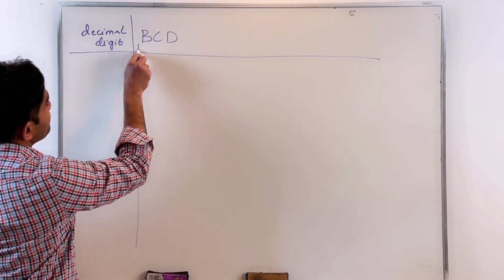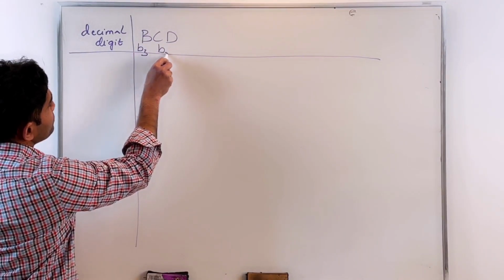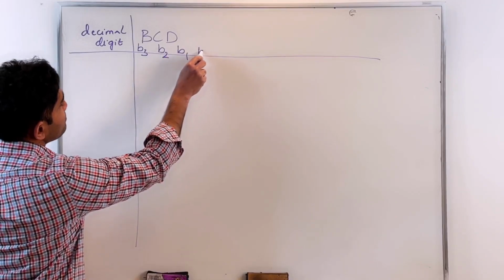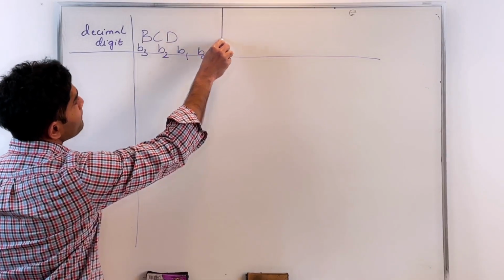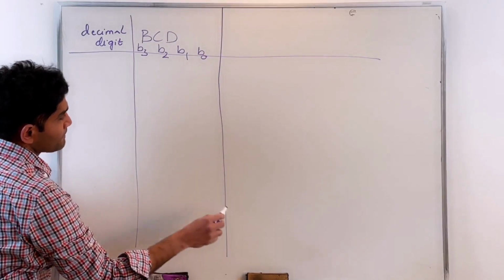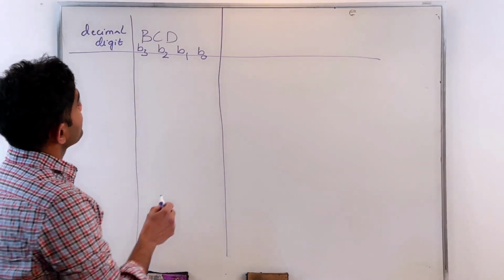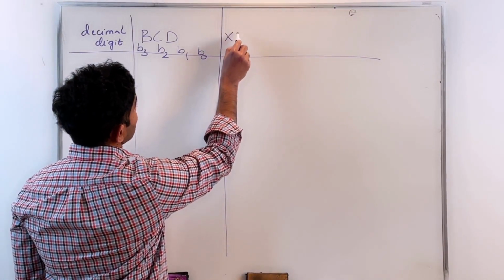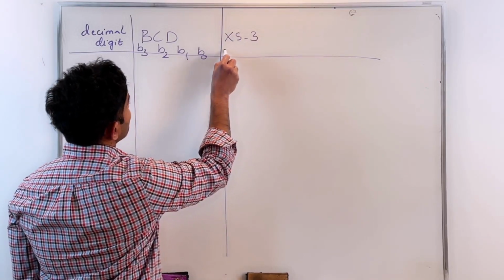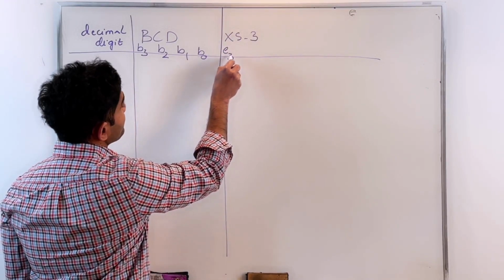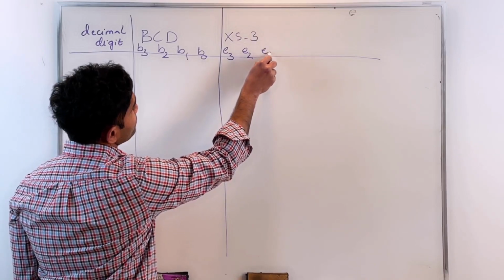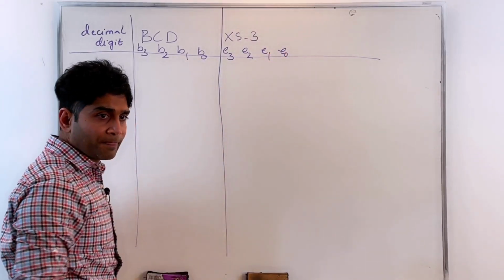It consists of B3, B2, B1, B0. All right. And then that's the XS3 code, which has again 4 outputs, E3, E2, E1, E0.